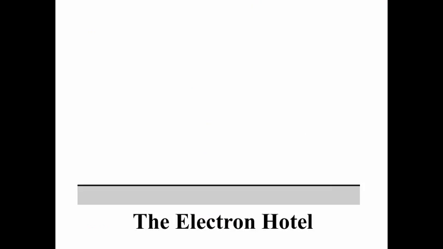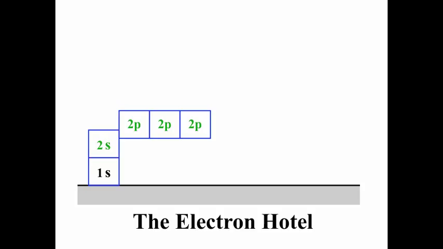Now, this is essentially like saying that the electrons in an atom live in an electron hotel, where the first floor of the electron hotel, the lowest energy part of the electron hotel, is the 1s orbital, which is kind of like a room where electrons could live. There's a 2s orbital and 3 2p orbitals in the second floor, if you will, of this electron hotel.